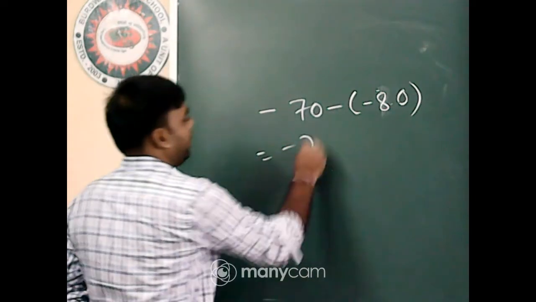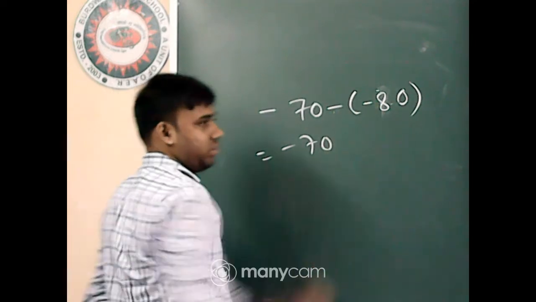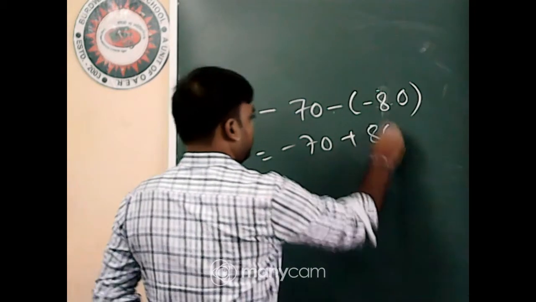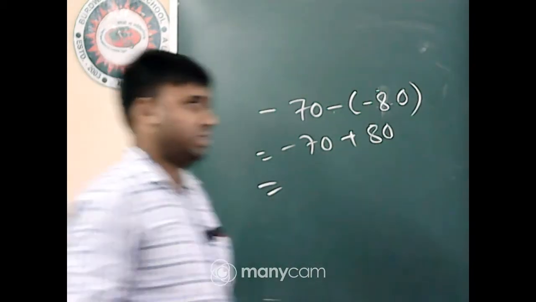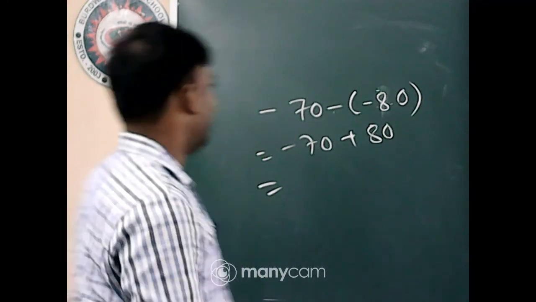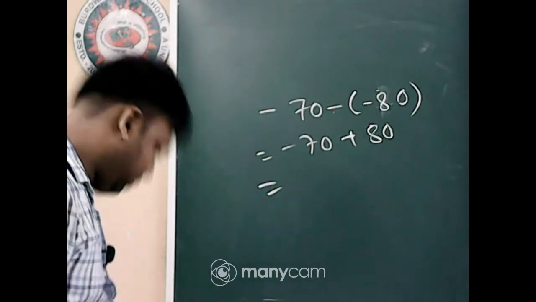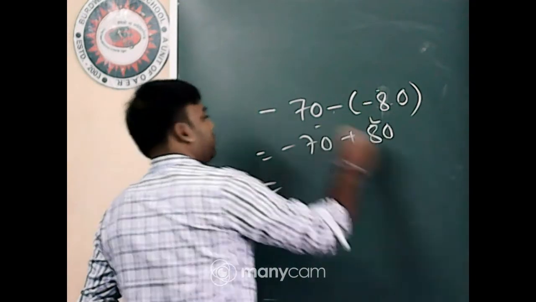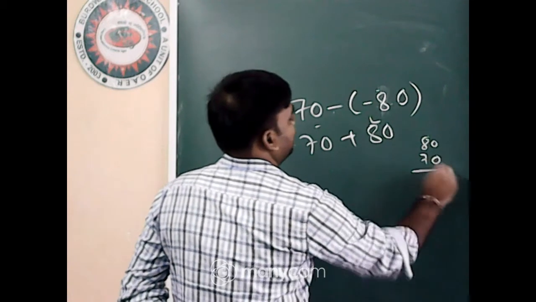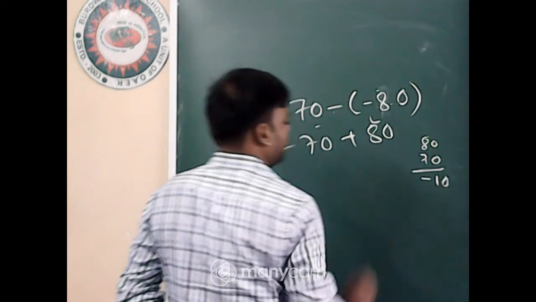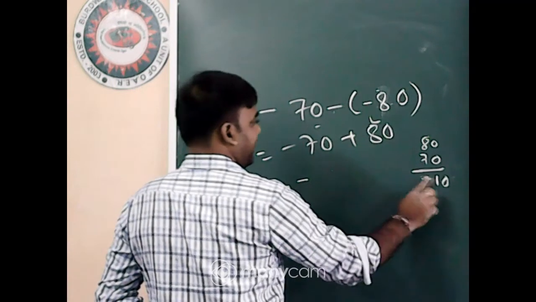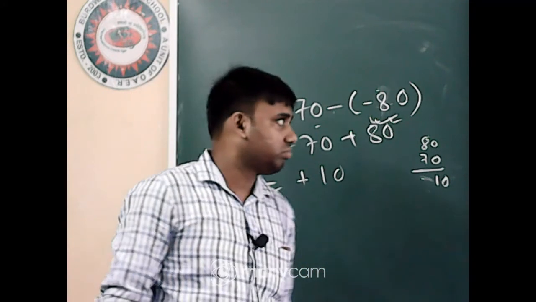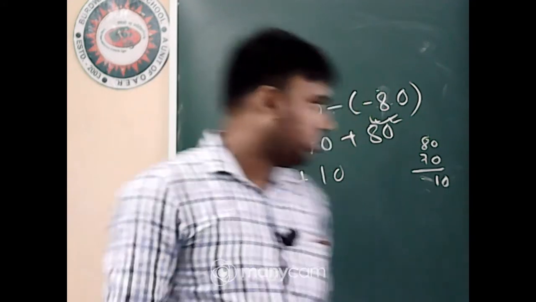So minus 70, minus into minus, that is plus. 80 and 70, that is plus 10, because 80 is greater and 70 is smaller. So 80 minus 70 is 10, 80 is greater, so plus 10. Sign of 80 is plus. Got it or any doubt?